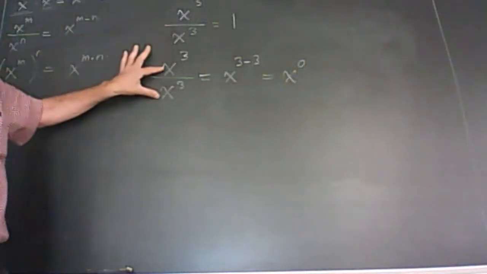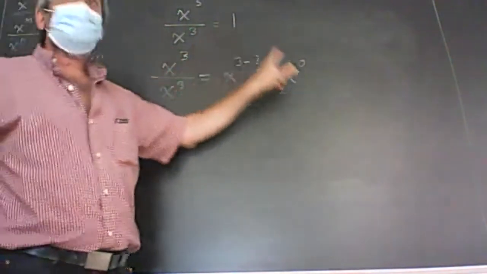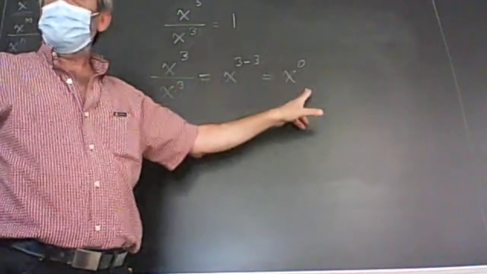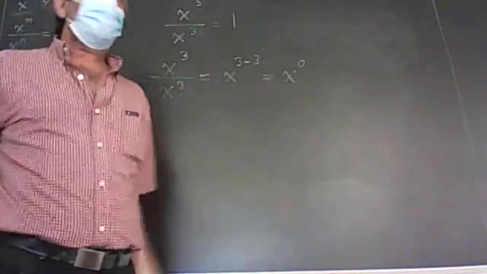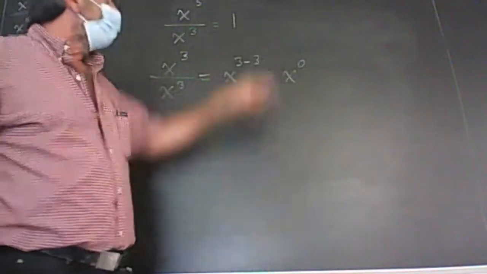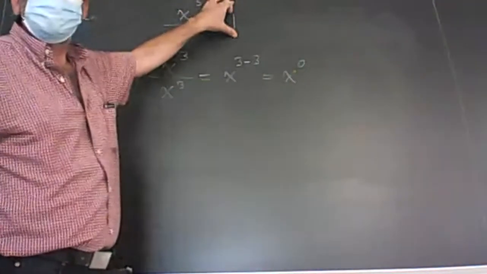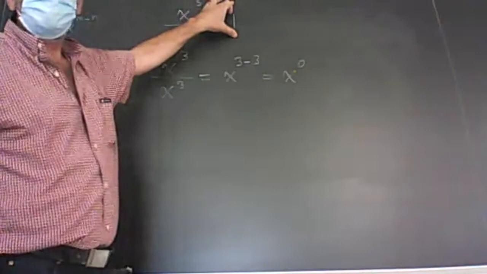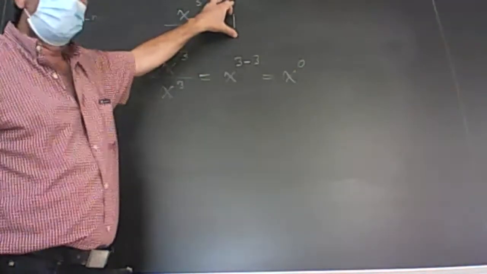But these two are the same, aren't they? Then the answer must be the same, because you cannot divide two numbers and get two different answers. So those answers must be the same. Then x to the power 0 must equal 1, if x is not equal to 0.